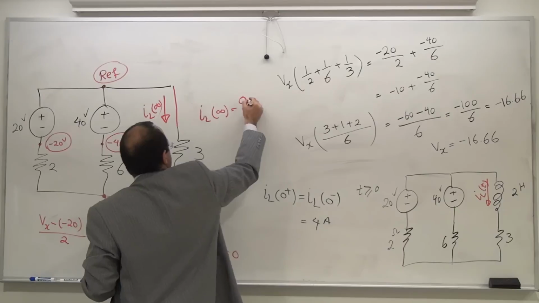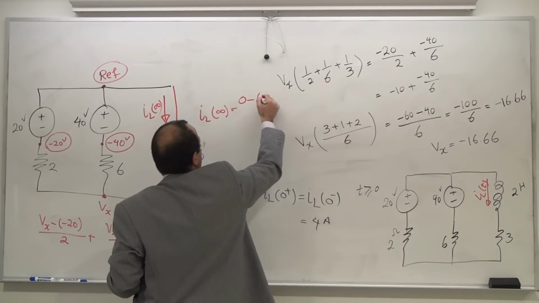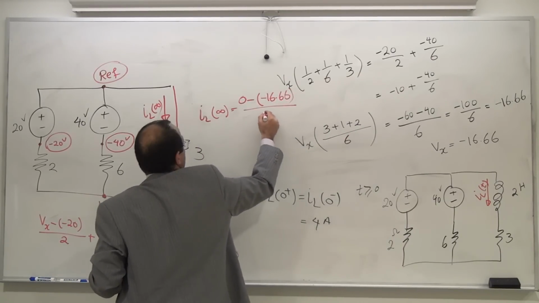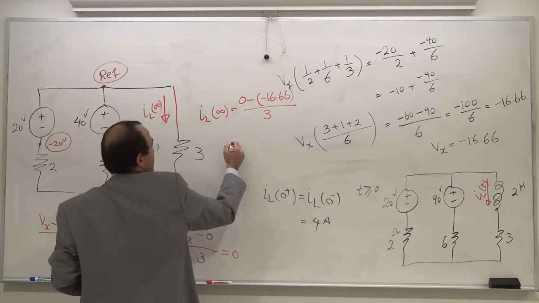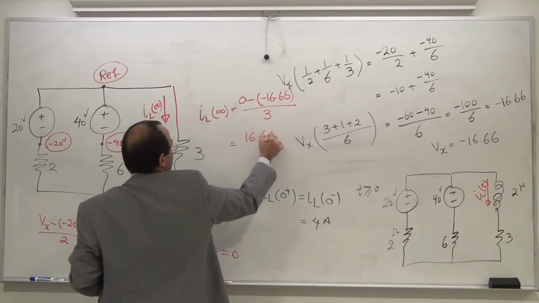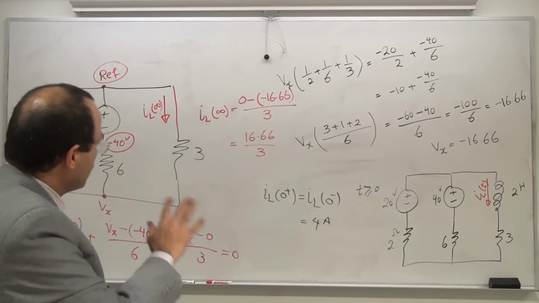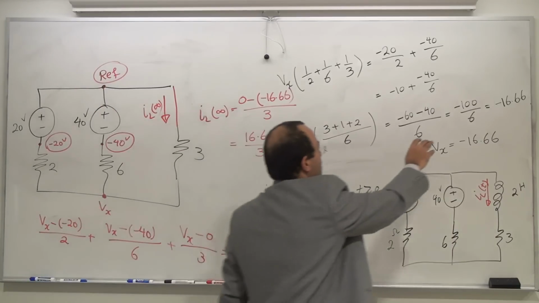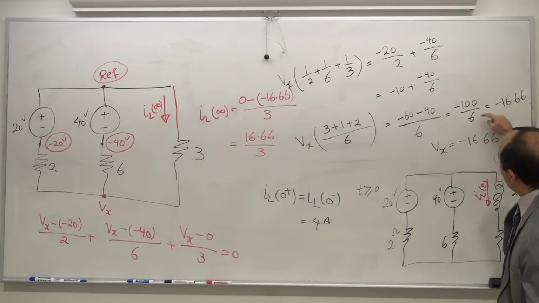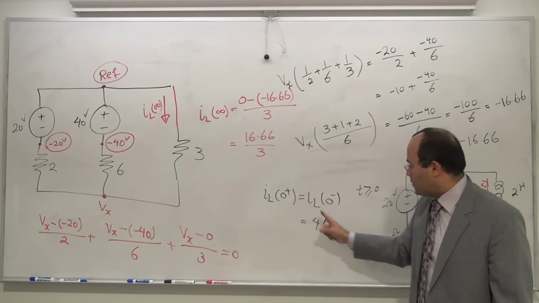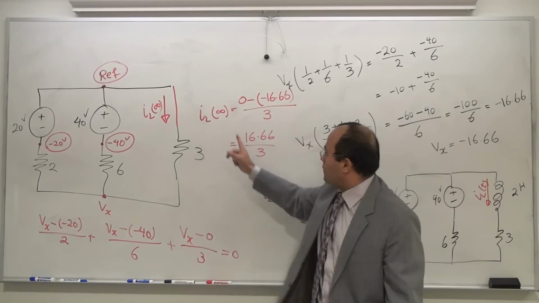So this is 0 minus the polarity, divided by 3. So this one is going to be 16.66 divided by 3, and that's it. Even if you don't simplify this, that's fine. You can still utilize this as a fraction. What did you do? You found IL of 0 plus. You found IL of infinity.